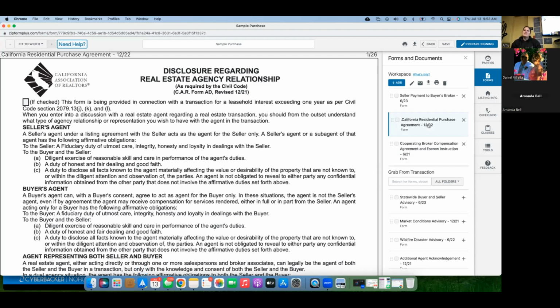Then there's a couple different ways you can negotiate an increased commission. Instead of negotiating with the seller, saying you need to pay me more money, where the seller might see you as being greedy, you could always negotiate it as a closing cost credit to the buyer.